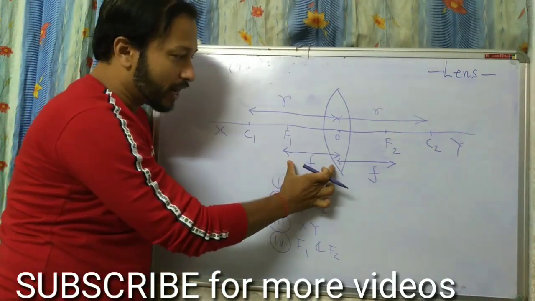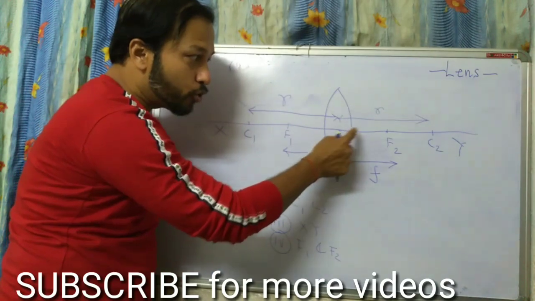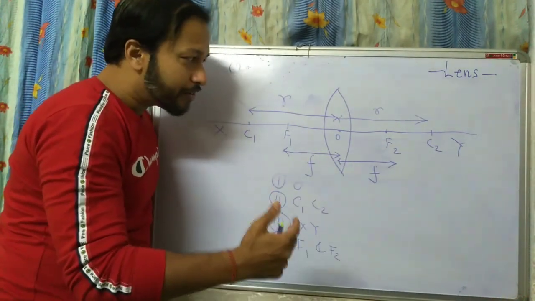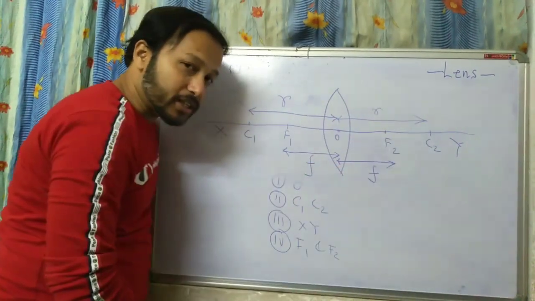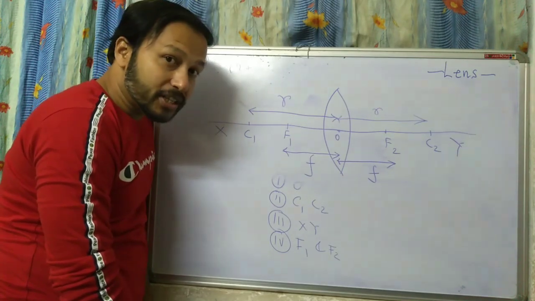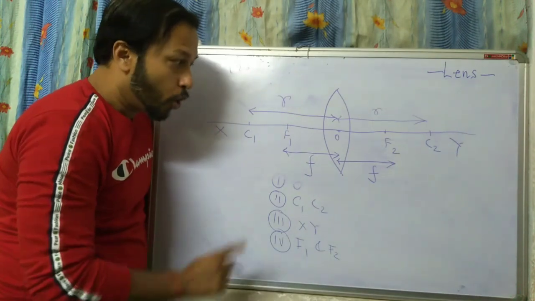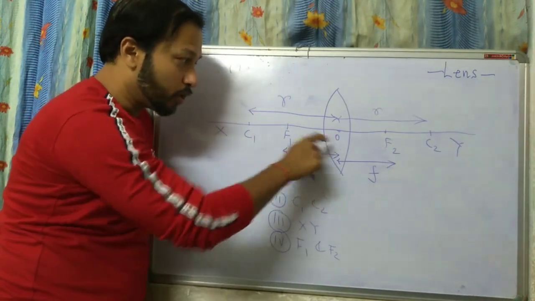So focal length means the distance from pole to focus point. Radius of curvature means the distance between pole and center of curvature. Got it? And all the distances we always measure from pole. Remember this.